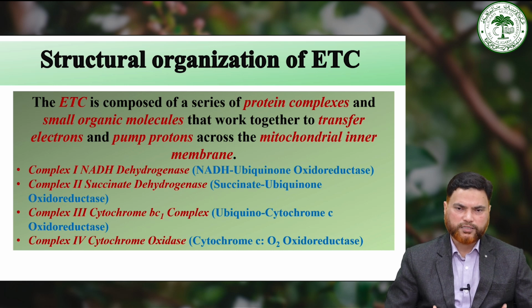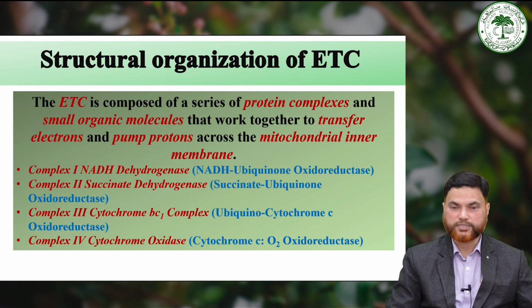Then the energy released during the electron transfer is used to synthesize ATP through ATP synthase, and this process is known as oxidative phosphorylation. So the overall coordination and efficiency of the electron transport chain contributes very significantly to the production of cellular energy.